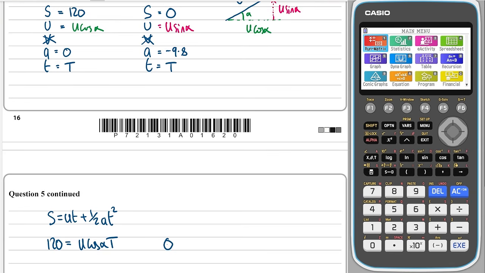Now let's go for the vertical. We have s is 0, and that's equal to u sine alpha t minus a half of 9.8, which is 4.9, t squared.